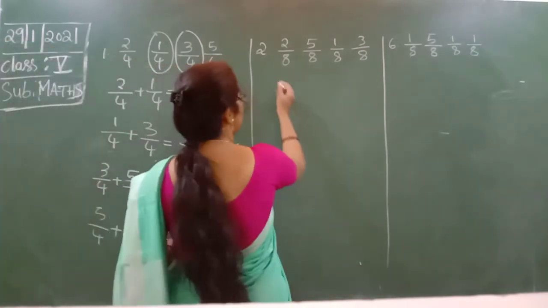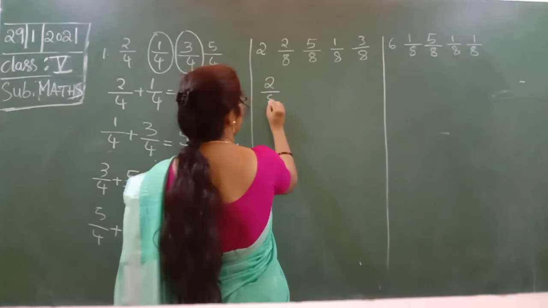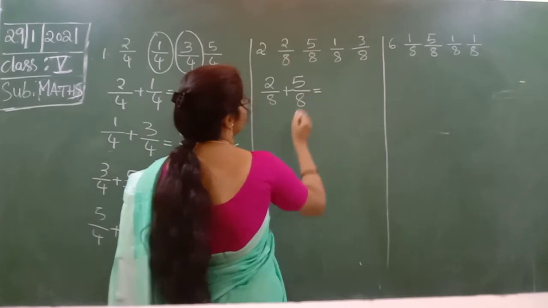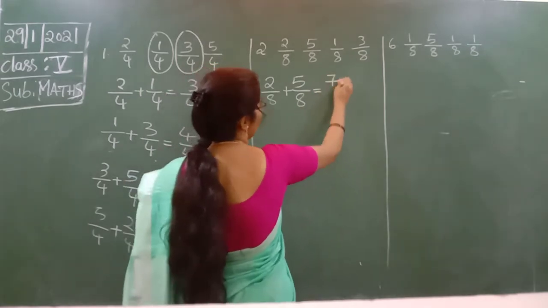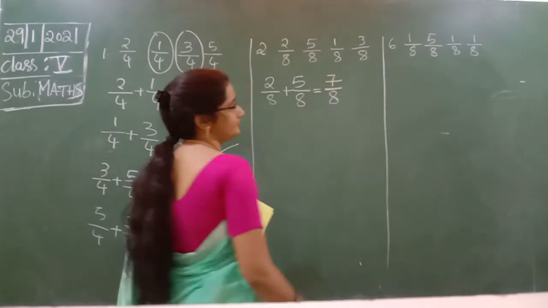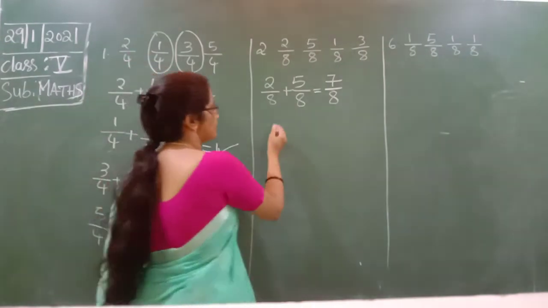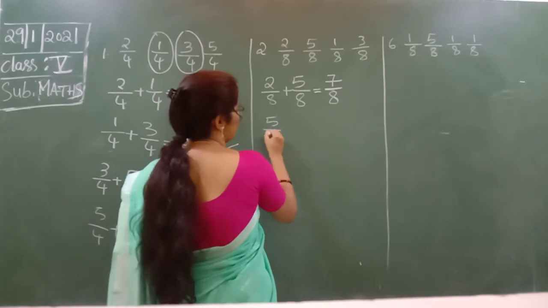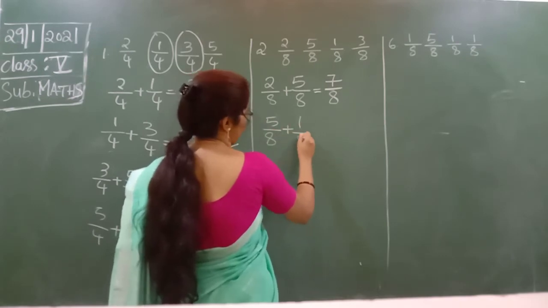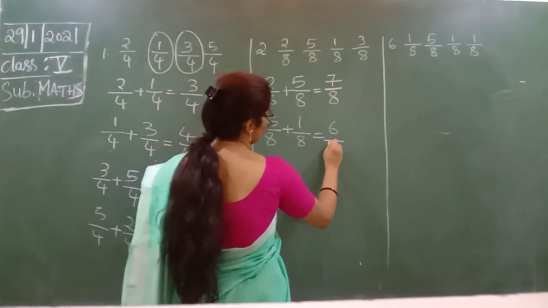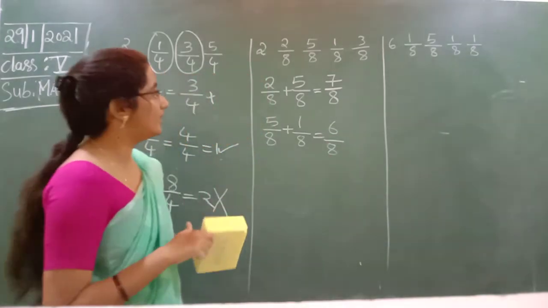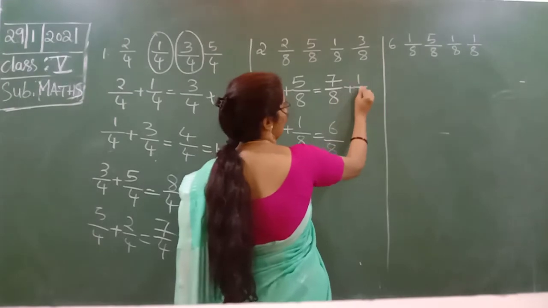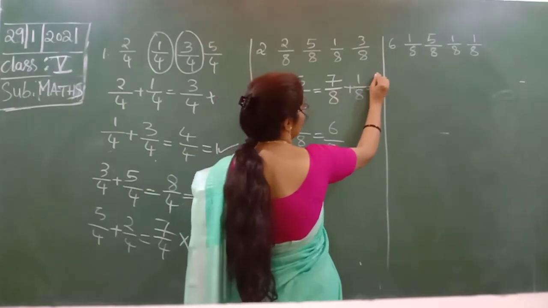Okay. Here we will go 2 by 8 plus 5 by 8 equal to 7 by 8. Good. Next, 5 by 8 plus 1 by 8 equal to 6 by 8. Here you can see that 7 by 8 plus 1 by 8 equal to 8 by 8.